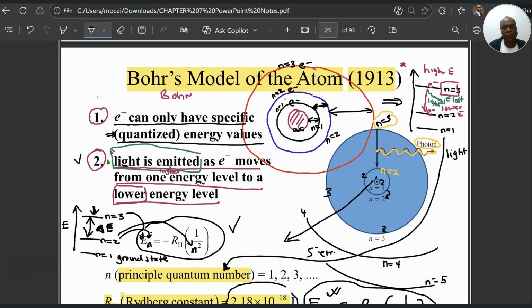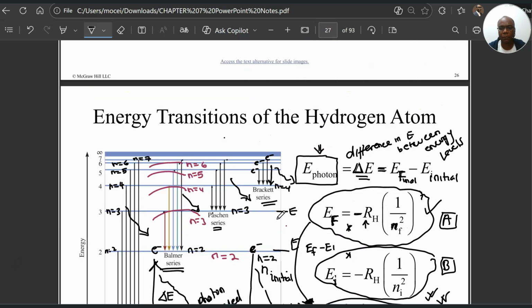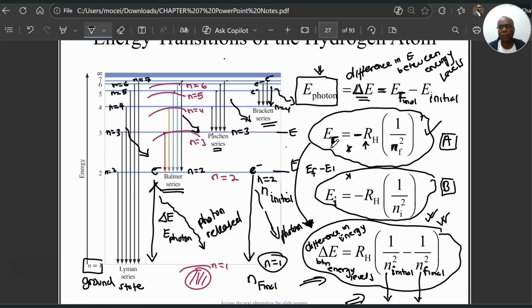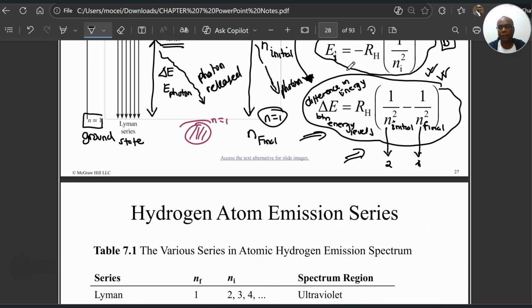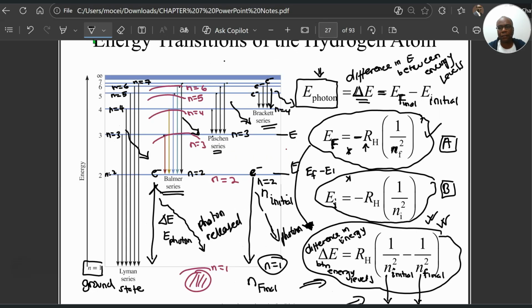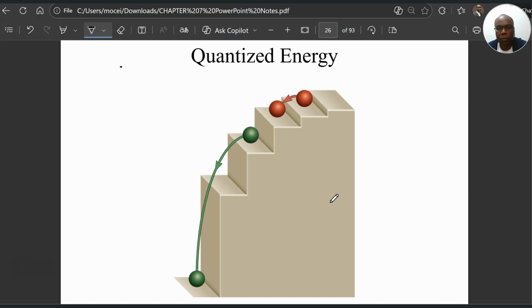Point number 2, light is emitted as an electron moves from a higher energy level to a lower energy level, and that light is emitted in the form of photons, and the energy of the photon can be found by calculating delta E using this last equation shown down here. So in summary, we know that energy is quantized, and it goes from level to level.